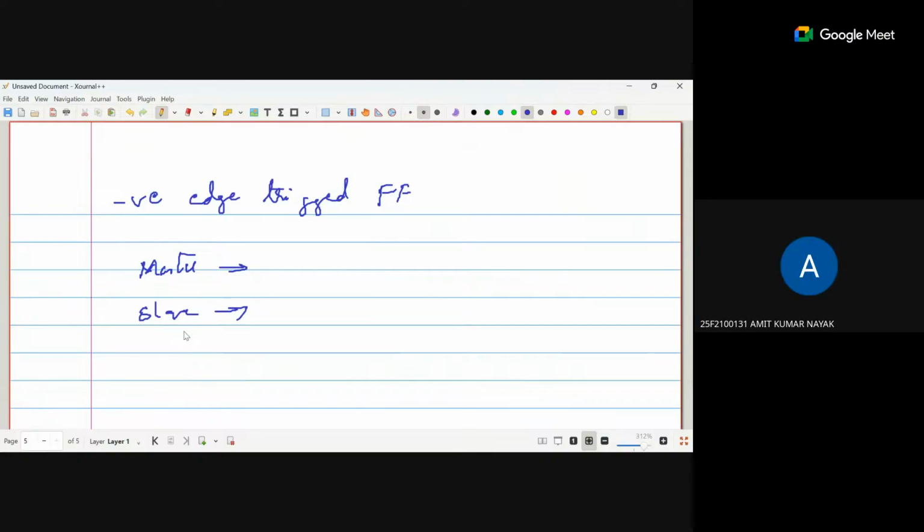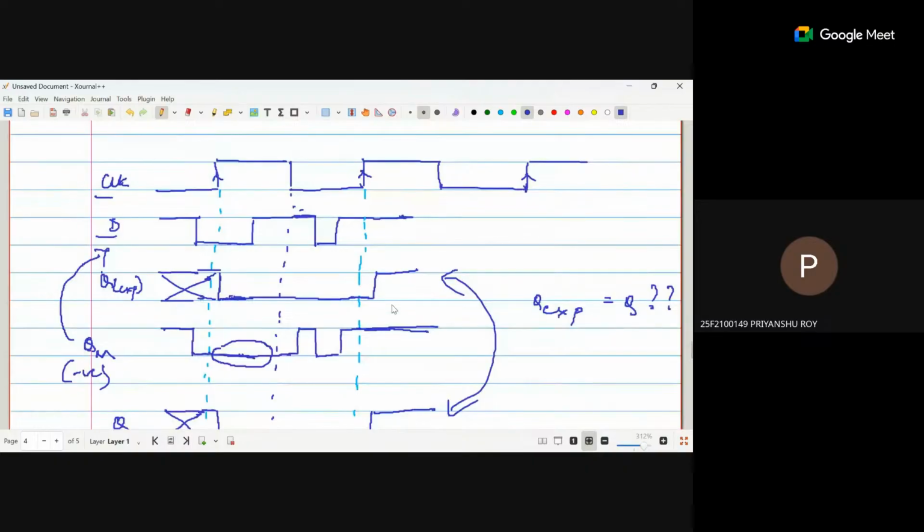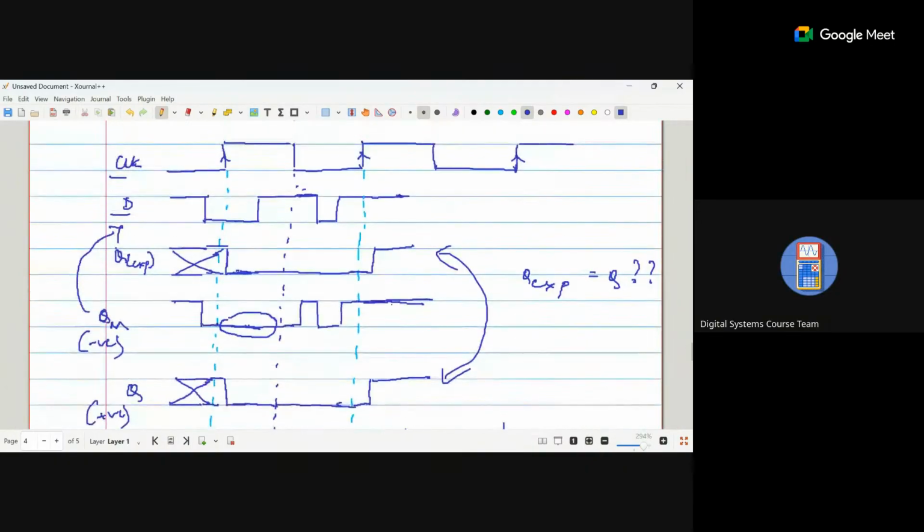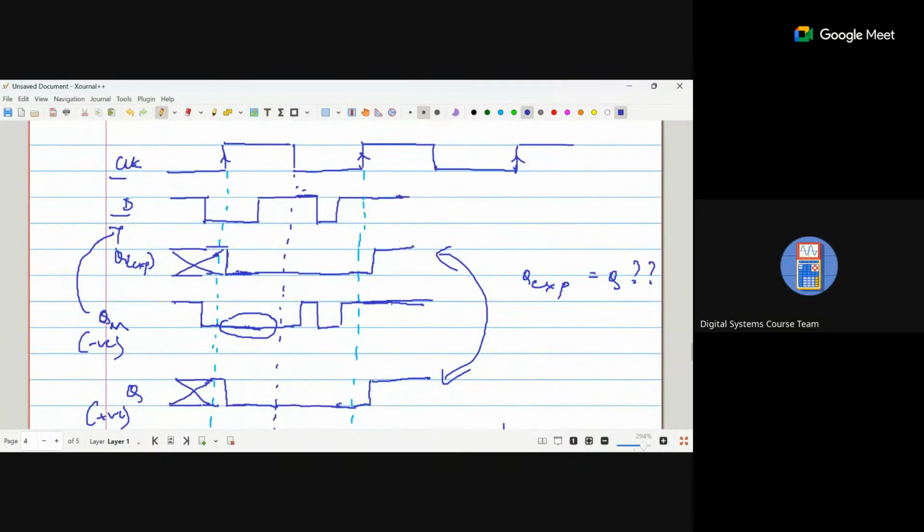The master should be a positive latch and the slave should be a negative latch. Okay. Yes. So primarily you don't have to memorize anything as such. You just have to know how the entire latch works, the timing diagram especially.